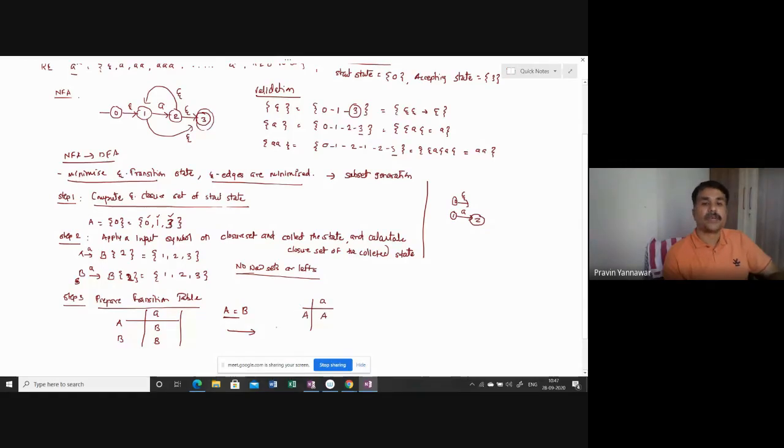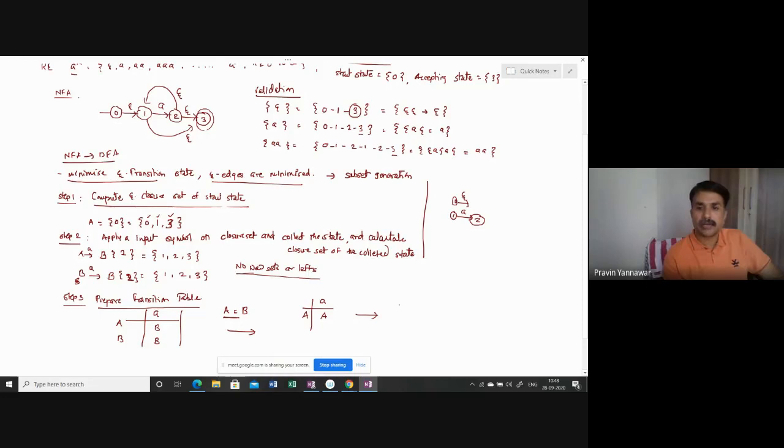Okay, so here wherever B is there, B is being replaced by this. Okay, so once we have an optimized state, look at here, now B is coming out of scope, right? Because A and B both are the same set.